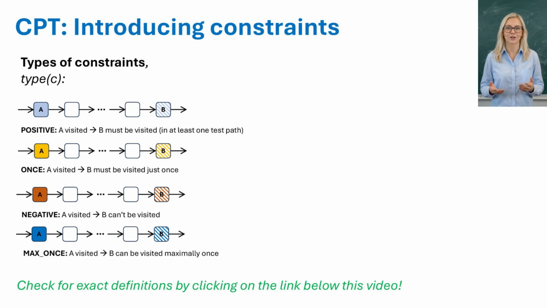However, any other occurrences of nodes A and B in any test path that do not violate the previously mentioned restrictions are allowed. Once and maximally once might sound more complicated, but don't worry, it's just for the sake of exactness. In principle, they are relatively simple. If you wish to dig deeper, check for the formal definitions of the constraints via the link below this video.